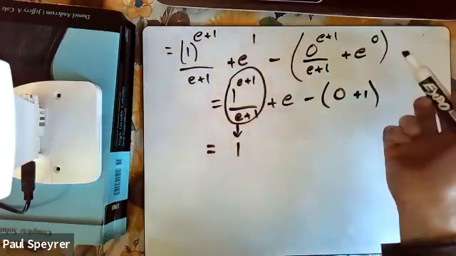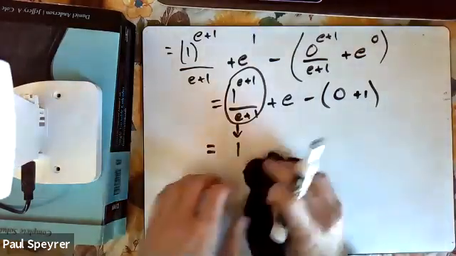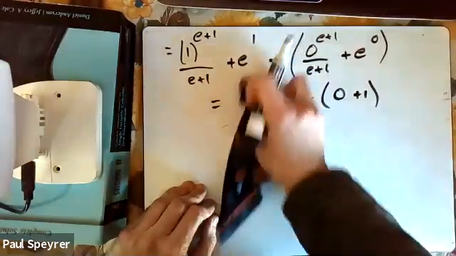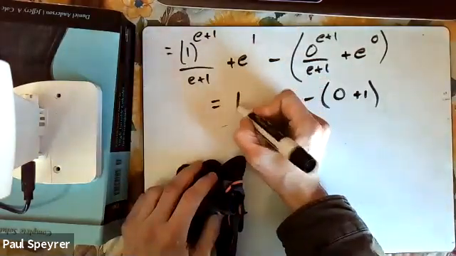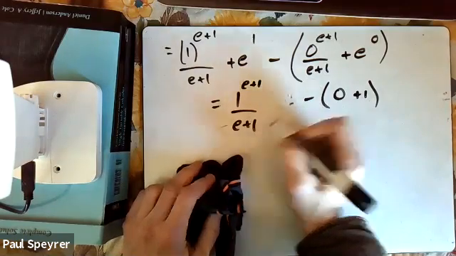You can throw that into your calculator, okay? Say 1 to the e plus 1. I'm sorry, the whole thing will be 1. No, never mind. Scratch that, because it's just going to be 1 to the e plus 1 over e plus 1.